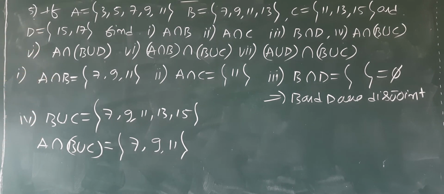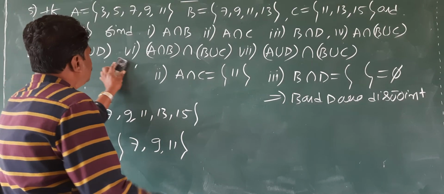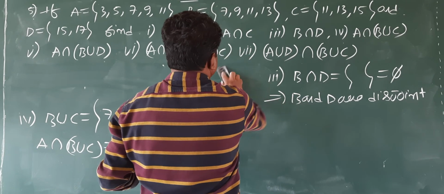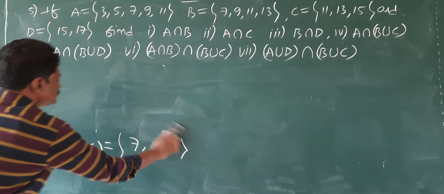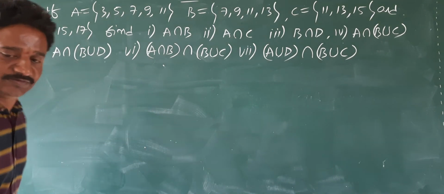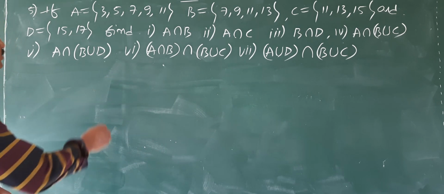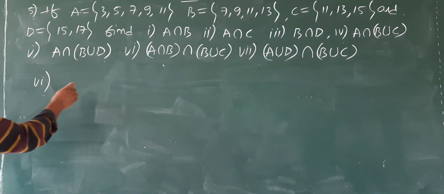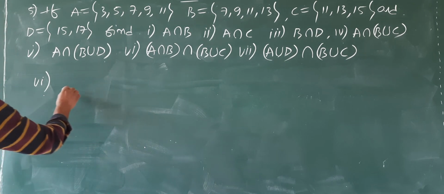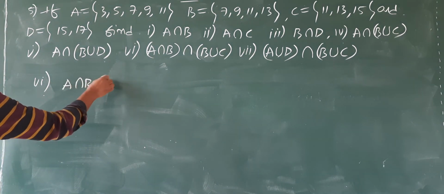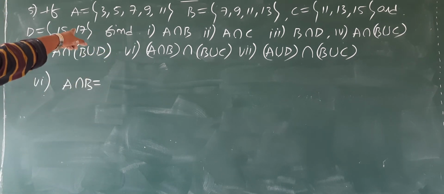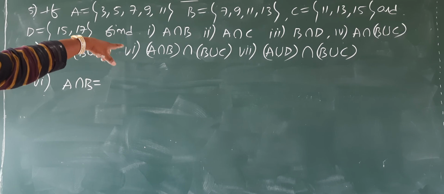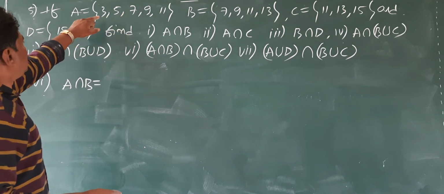Similarly, let's go for solving the other questions. I solve one among these. Question number 6. A intersection B, common from both A and B. Is 3 common, students?